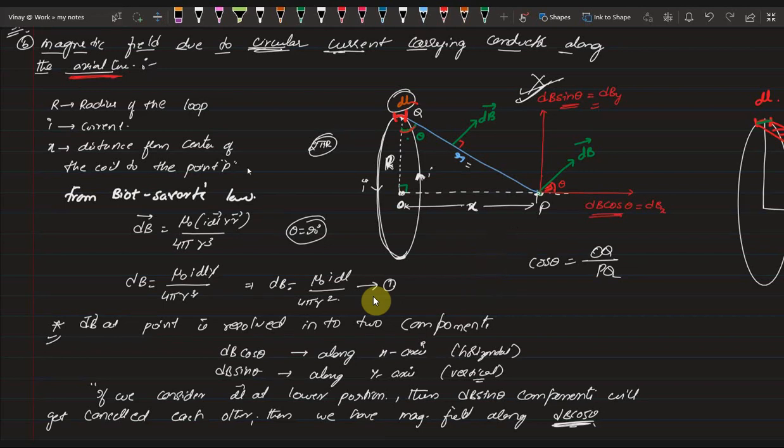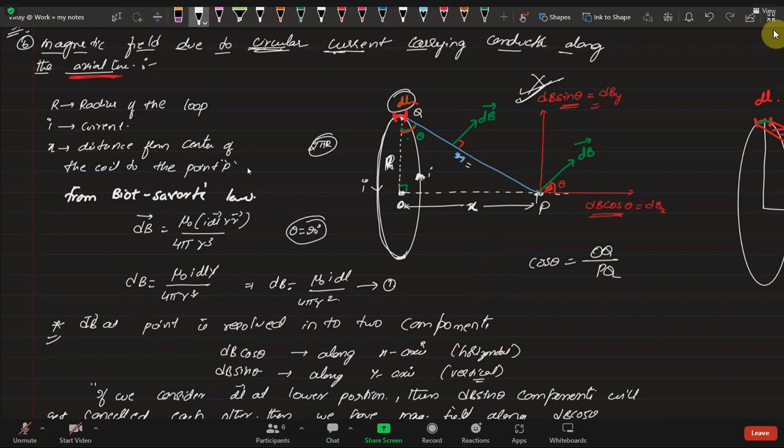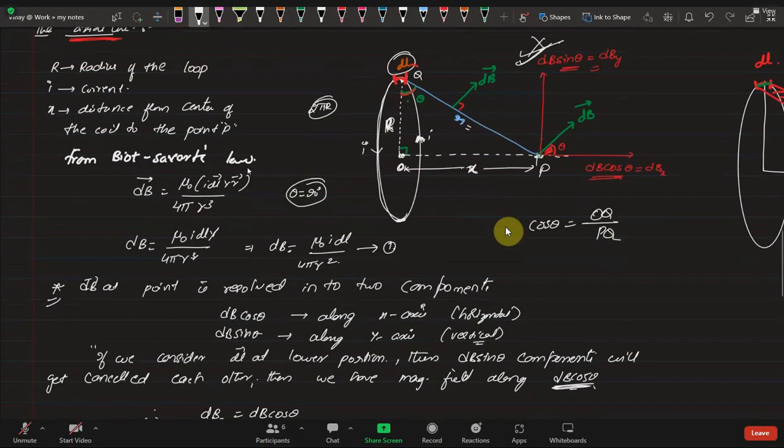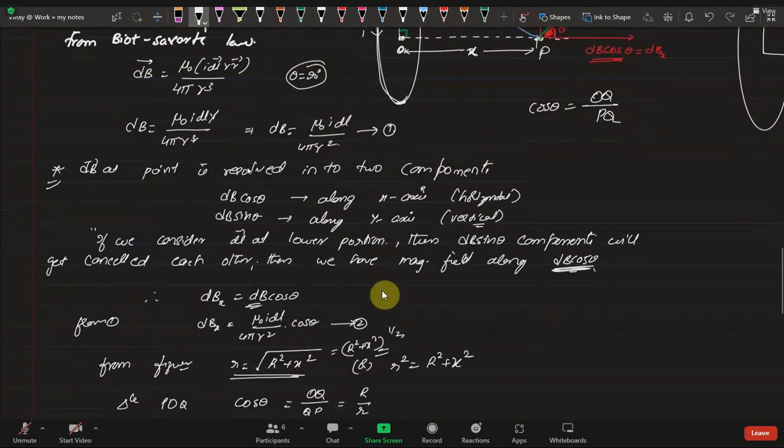Did you copy it up to here? Yes. Then copy the rest of the derivation.